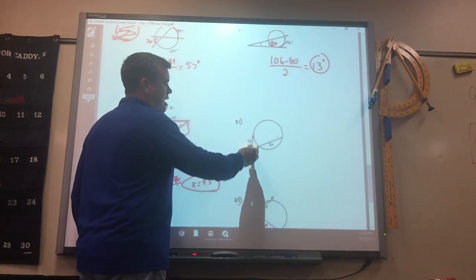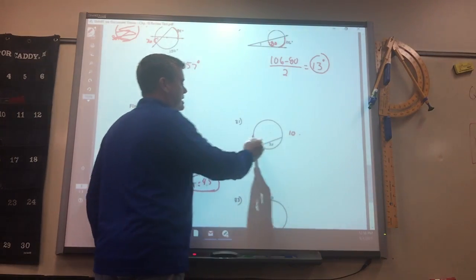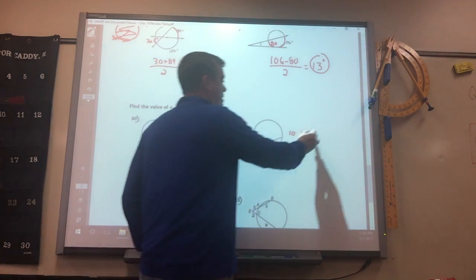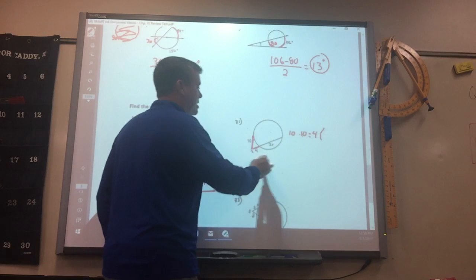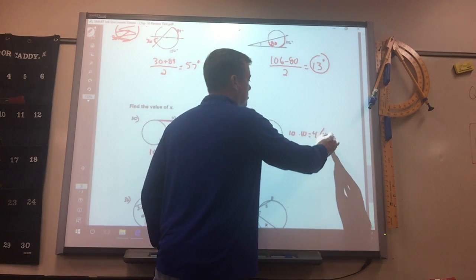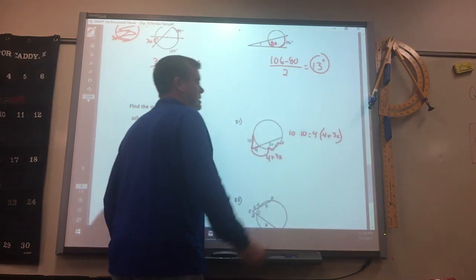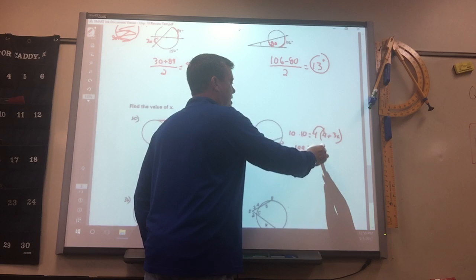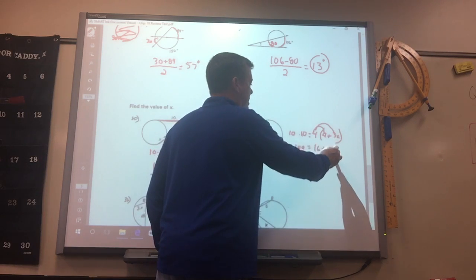Same thing here, it's the outside times the entire length equals the outside times the entire length, which is 4 plus 3x. So again, we get 100 equals 16 plus 12x.